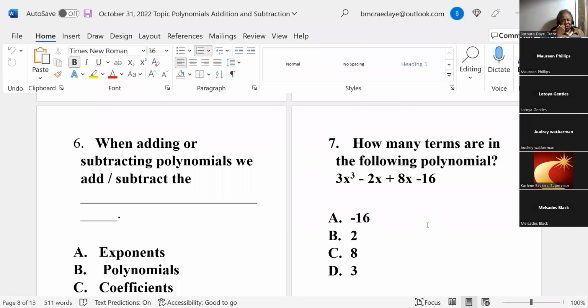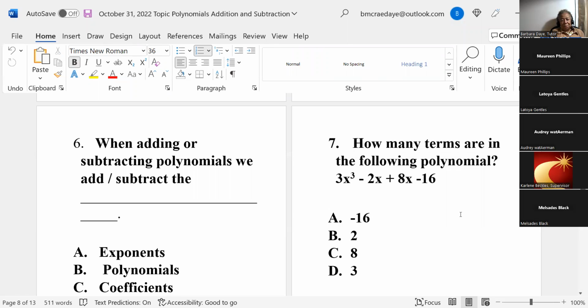So what are your 2 terms? I said 3x minus 2x, that's 1, and 8x minus 16, that's 2. No, each one of these is a term. This is a term, this is a term, this is a term, this is a term.